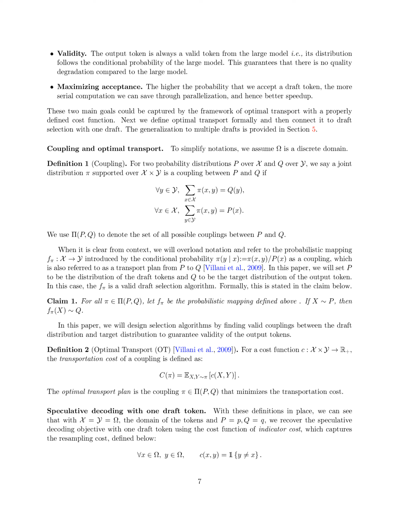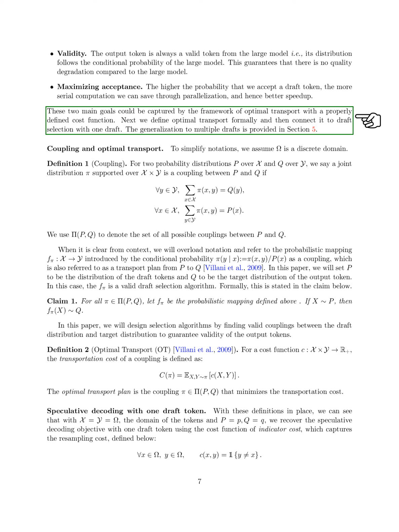The authors then focus on the token-level draft selection problem and define the main goals as ensuring validity of the output token and maximizing acceptance probability, which can be achieved through the framework of optimal transport with a properly defined cost function.